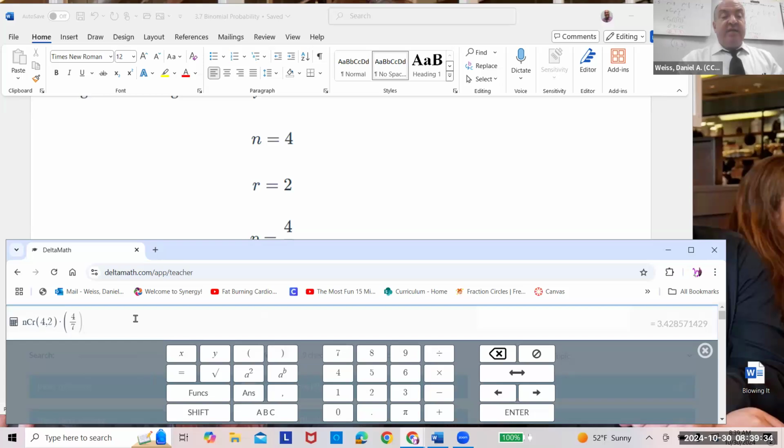I'm going to click outside the parentheses. And I'm going to go to the R power, which is to the 2nd power. And I'm going to click to the right. I'm going to hit times. And then 3 divided by 7. Click outside. Now I need 4 minus 2. 4 minus 2 is N minus R. That's also to the 2nd power.